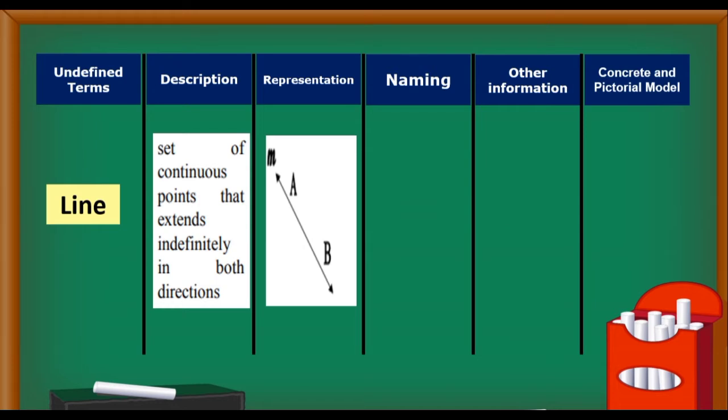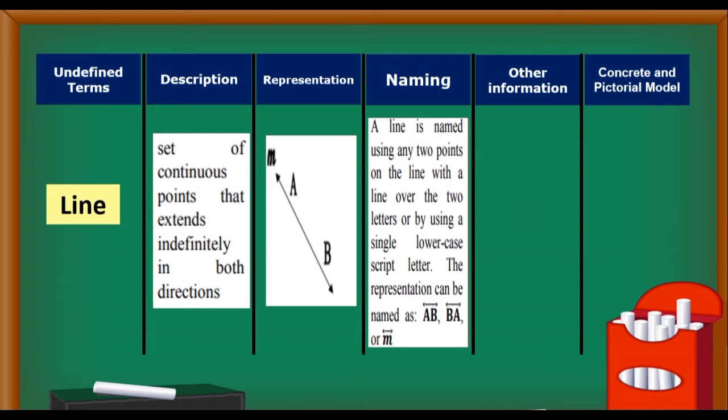So, paano natin ini-name ang ating line? Kung ang point po ay capital letter lang, sa line naman po, a line is named using any 2 points on the line with a line over the 2 letters or by using a single lowercase script letter. The representation can be named as line AB, pwede rin po magkabaliktad, line BA.